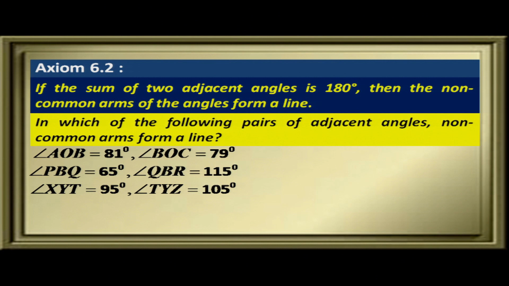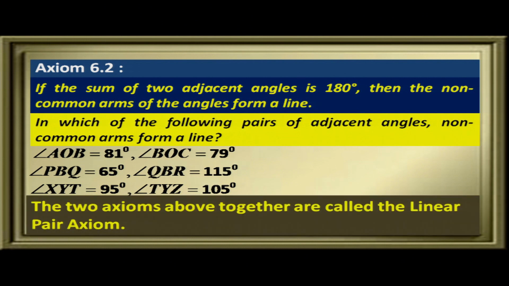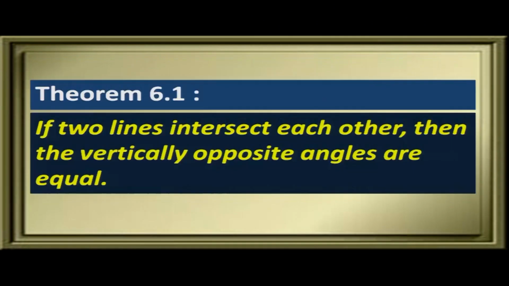The sum shows that it is 200 degree, which is not 180 degree. So, the non-common arms will not form a line. These two axioms are called the linear pair axiom. Now, let's have an application of these two axioms.